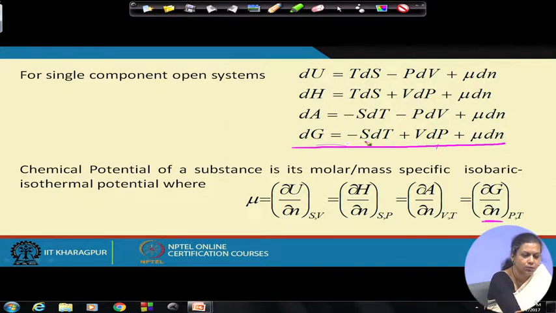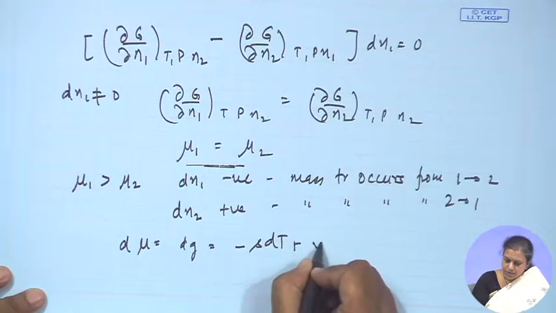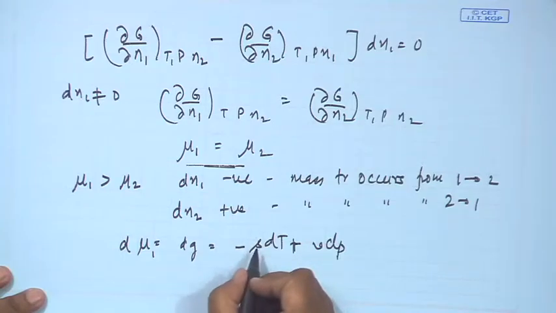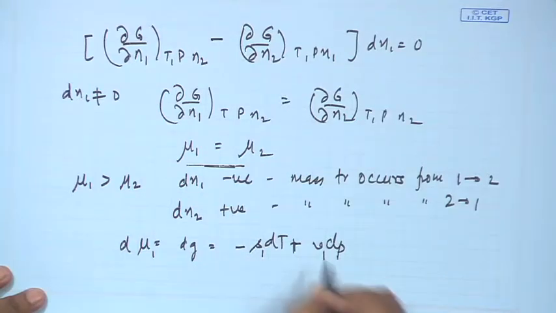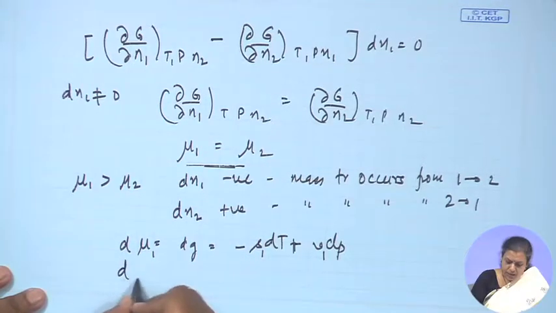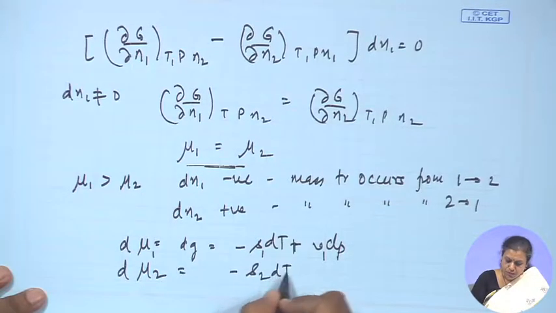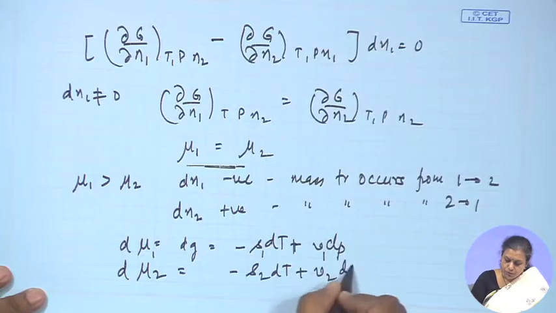So this becomes minus s dT plus v dP. So d mu 1 should be equal to minus s1 dT plus v1 dP. In the same way, d mu 2 should be minus s2 dT plus v2 dP.